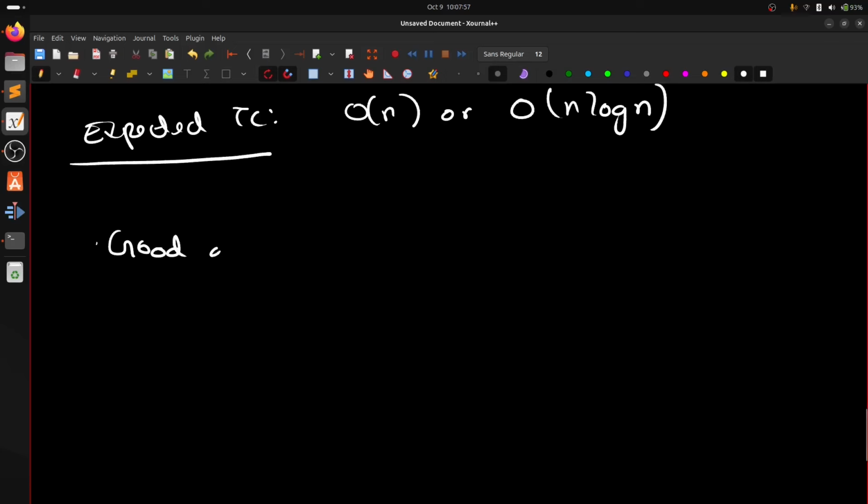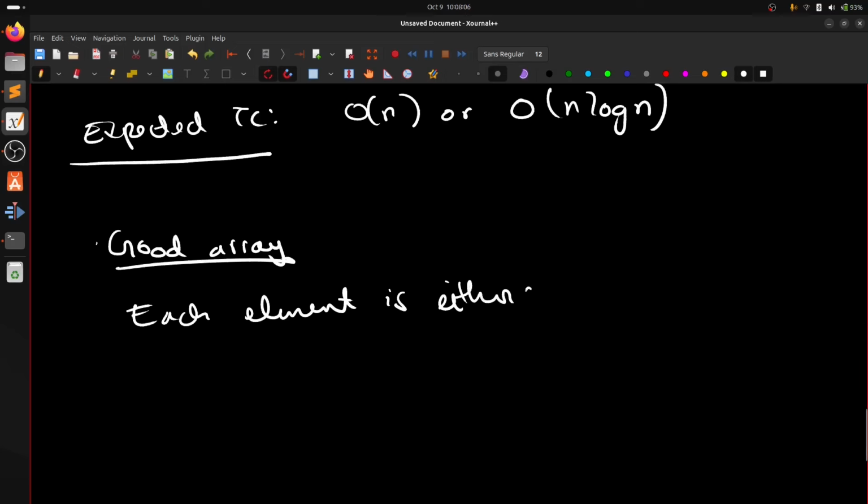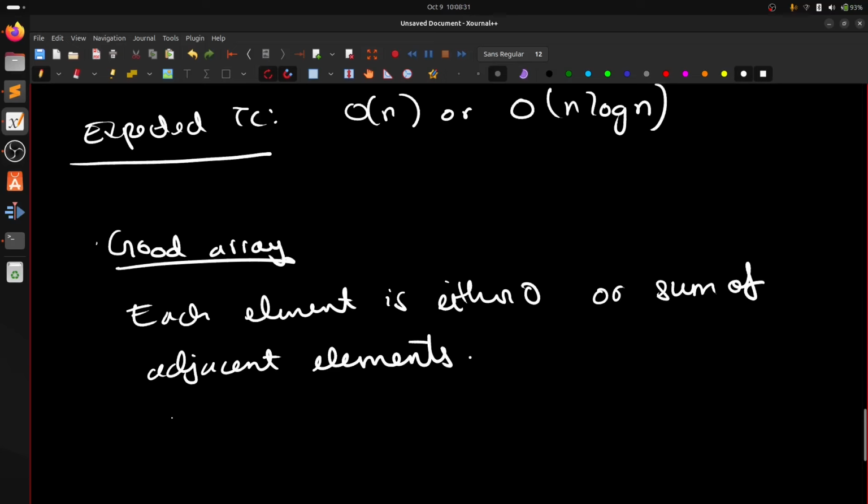In a good array, each element is either 0 or the sum of its adjacent elements.